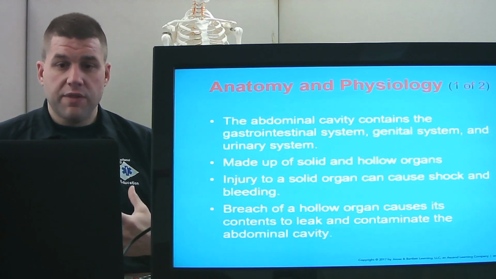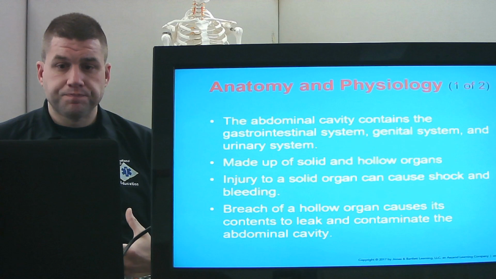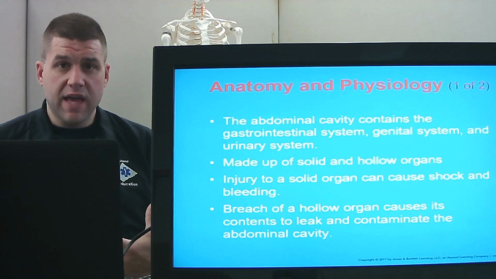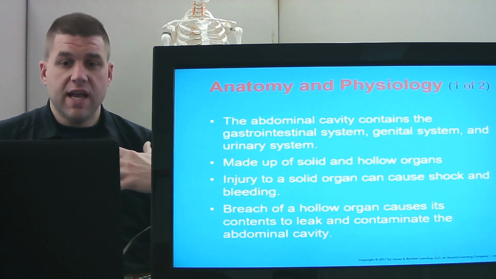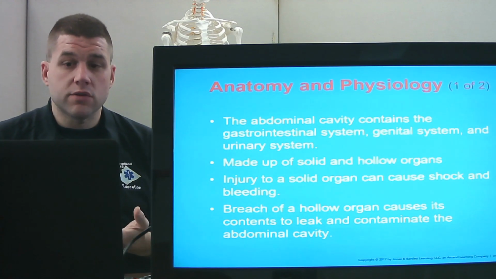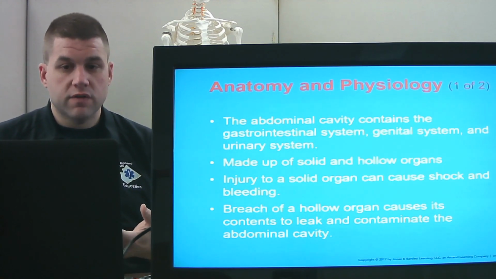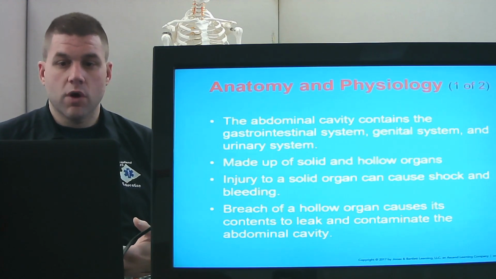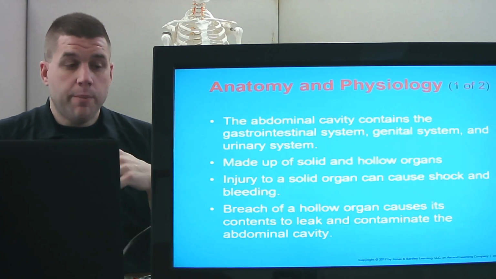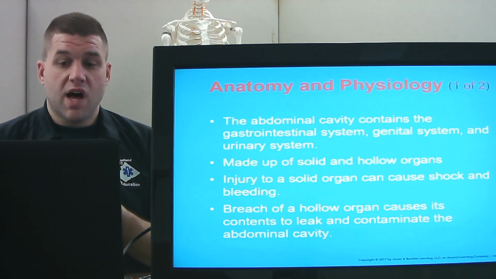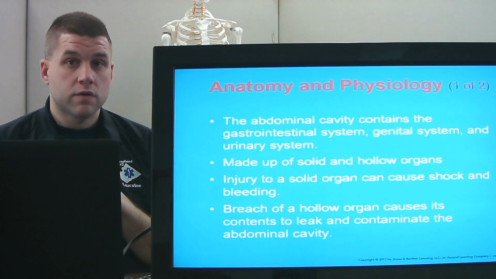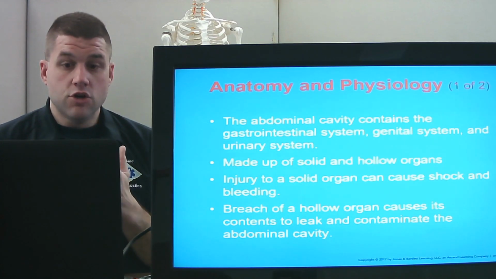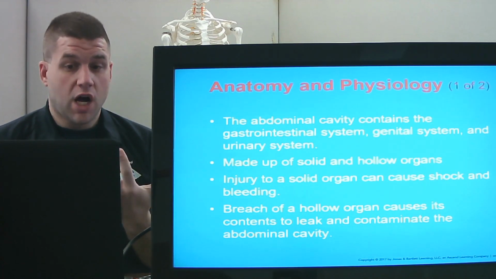So we're going to learn about the anatomy and physiology of it. When we talk about the abdomen, that cavity contains the gastrointestinal system, the genital system, and the urinary system, and we have a combination of solid and hollow organs all in there. An injury to a solid organ can cause shock and bleeding.